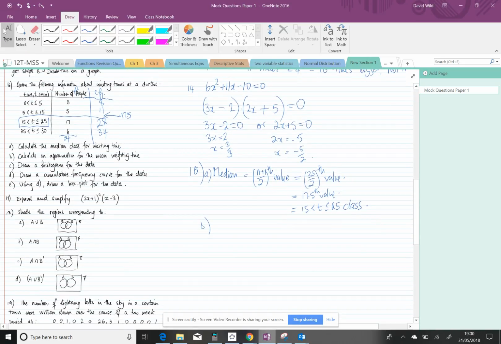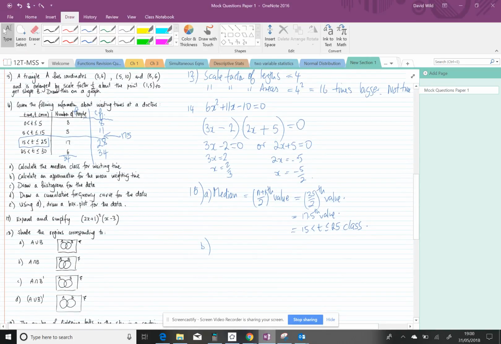Calculate an approximation for the mean. Right, so to approximate the mean, we need to use the mid-class value as our approximation for x. So this is going to be 2.5, halfway between 5 and 15 is 10, halfway between 15 and 25 is 20, and halfway between 25 and 30 is 27.5.